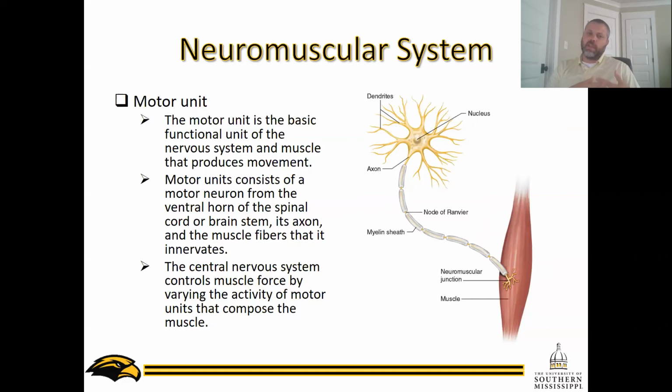And it's going to innervate a large number of fibers potentially. Right? So a motor unit is the motor neuron and all the fibers it innervates inside that muscle. So that is the classic definition of a motor unit.